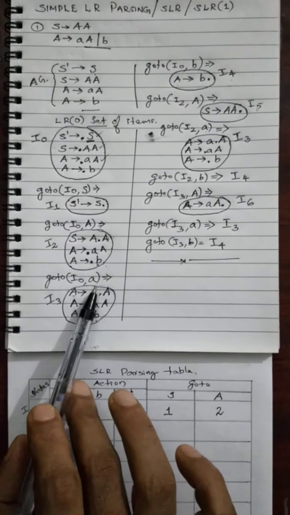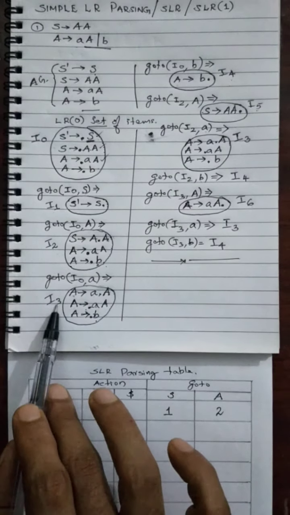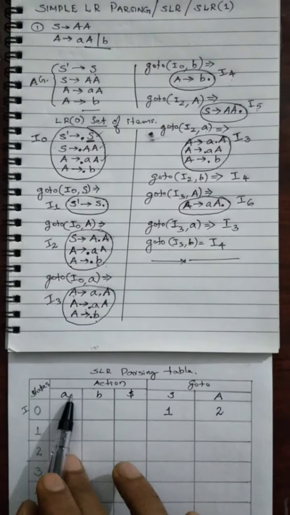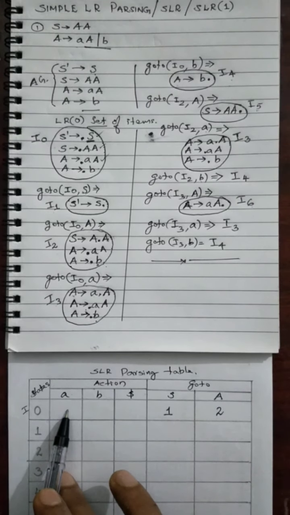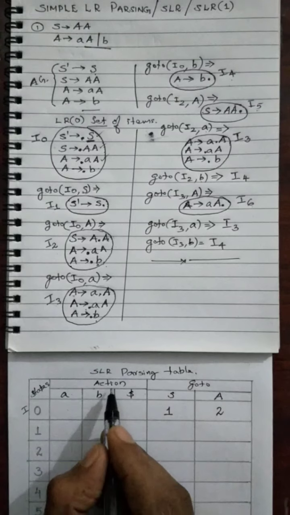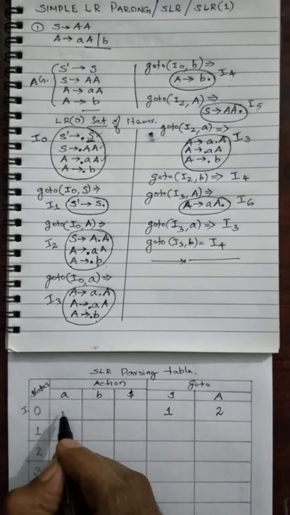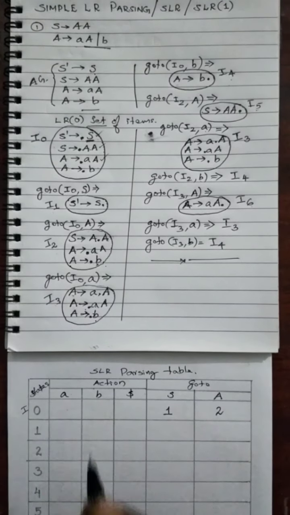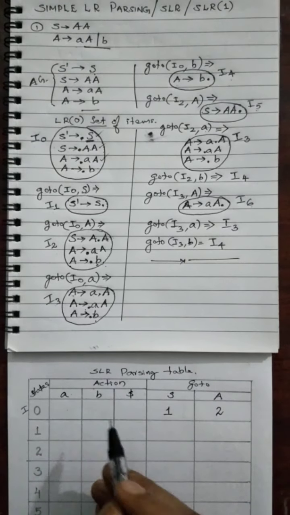Now I0 with small a, you are moving to state I3. Should I write the number 3? No. The action portion should contain either shift operation, reduce operation, accept or error. These are the four different operations which a shift reduce parser can take.